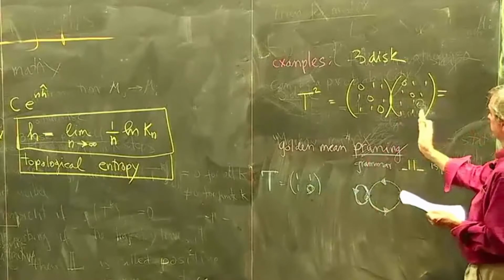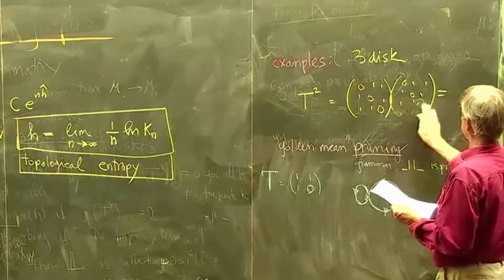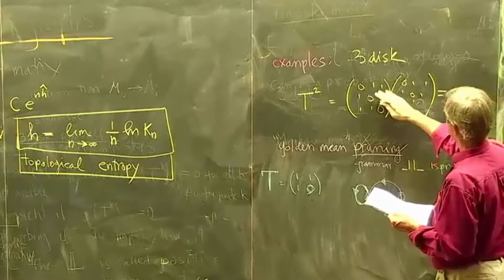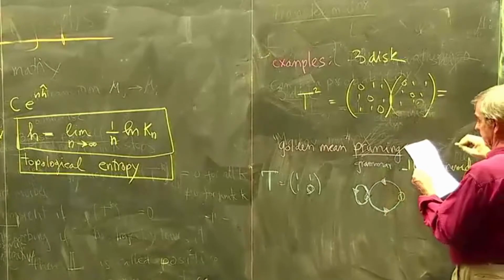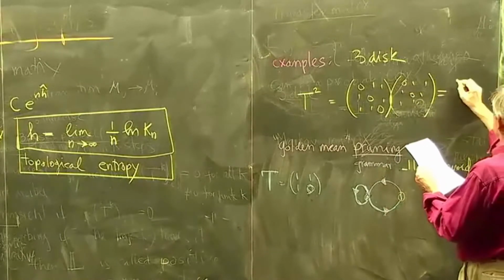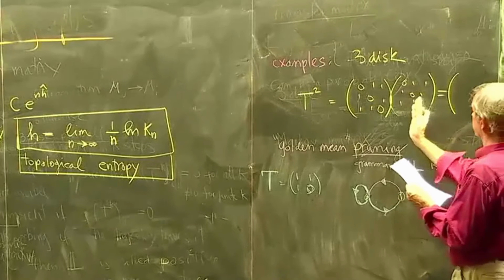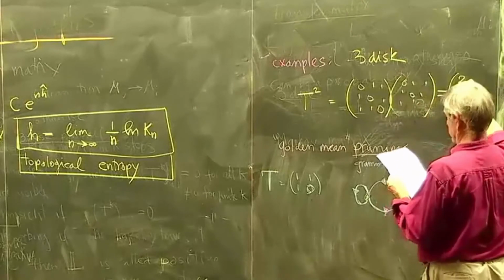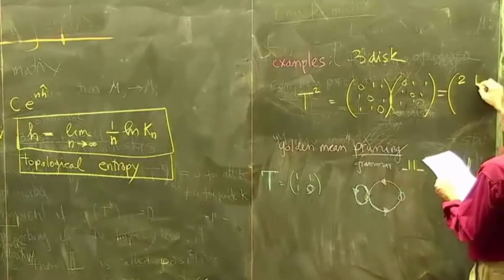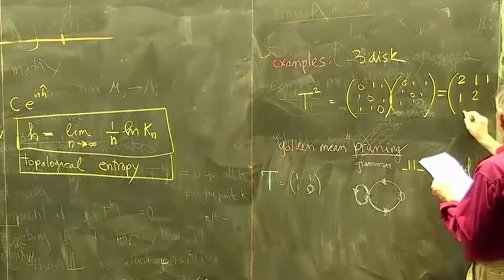And you multiply it, and you see that you get 1 in a corner, etc. So if you multiply this, you get 2, and you get 1s elsewhere.